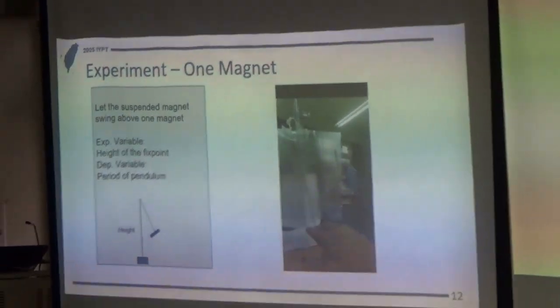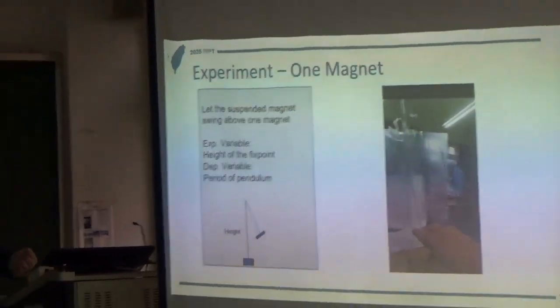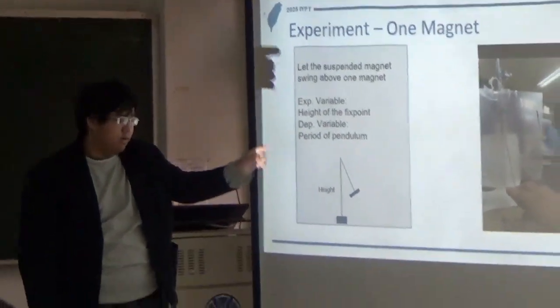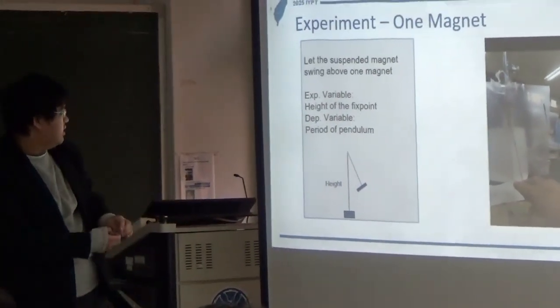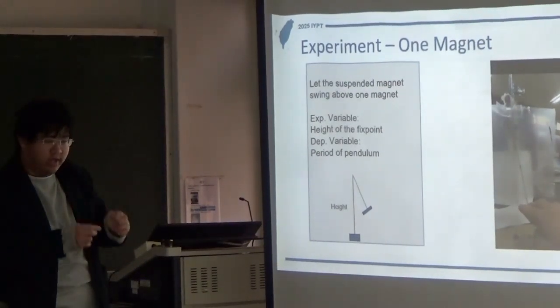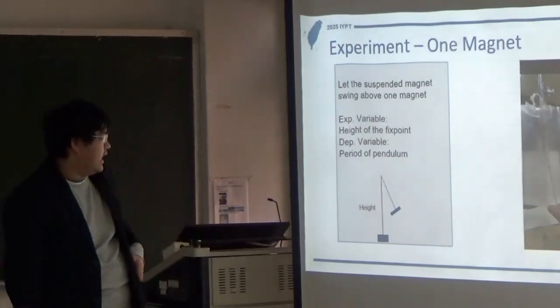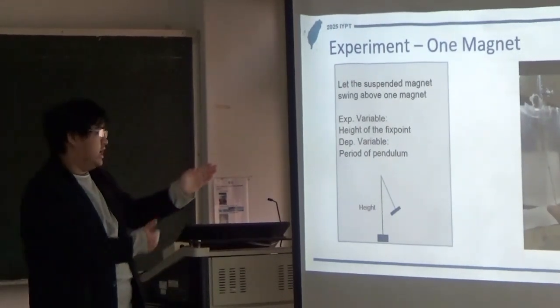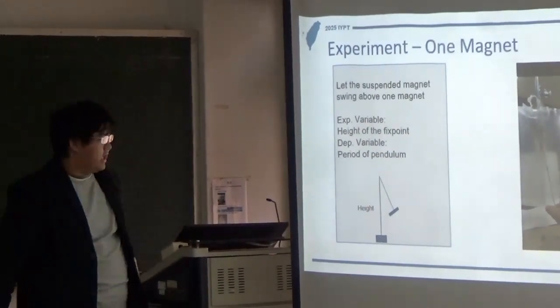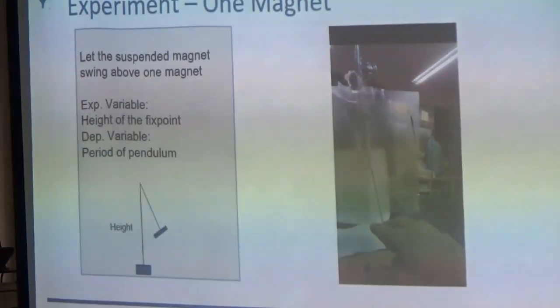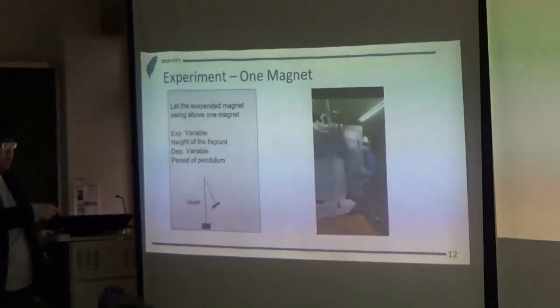Next, we let the suspended magnet swing above one magnet, and the fixed point is above the one magnet. We control the initial position of the magnet, change the height of the fixed point, and observe the period of the pendulum.